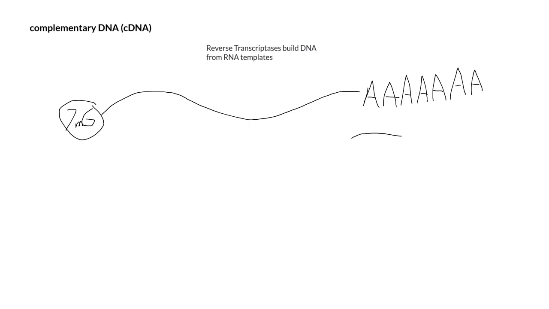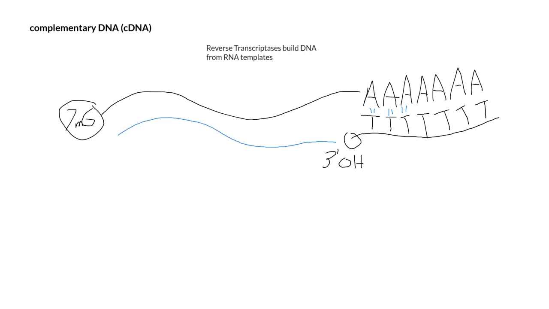And so to provide that, we can put into this reaction a poly dT primer, that's going to be made up of all T's, and that will hydrogen bond with that poly A tail, providing a 3' hydroxyl group at that leading edge there, coming back this direction to copy my messenger RNA.